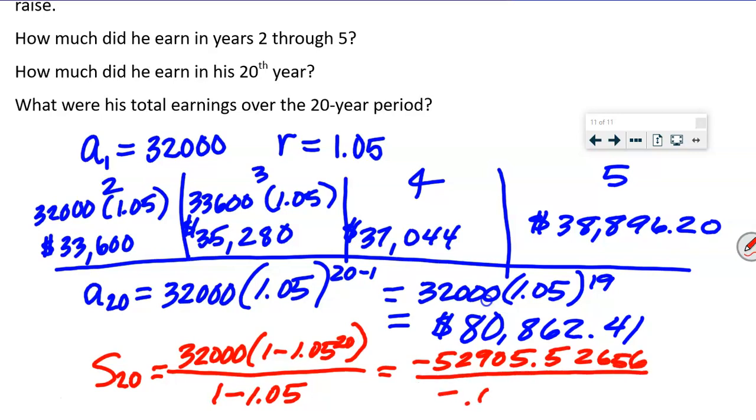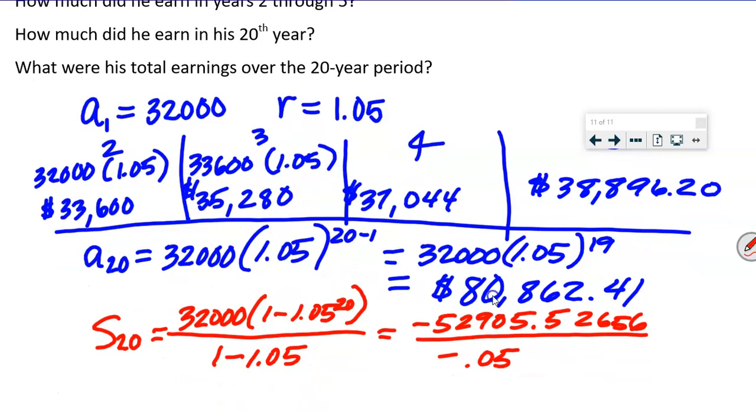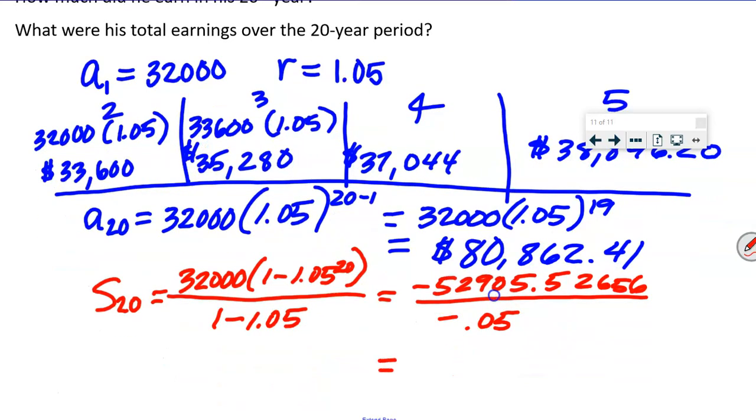A negative 0.05, right? So our ultimate answer for our total sum of our compensation over 20 years is going to be $1,058,110.53. And I think my key said 58 cents because I couldn't read my own handwriting.